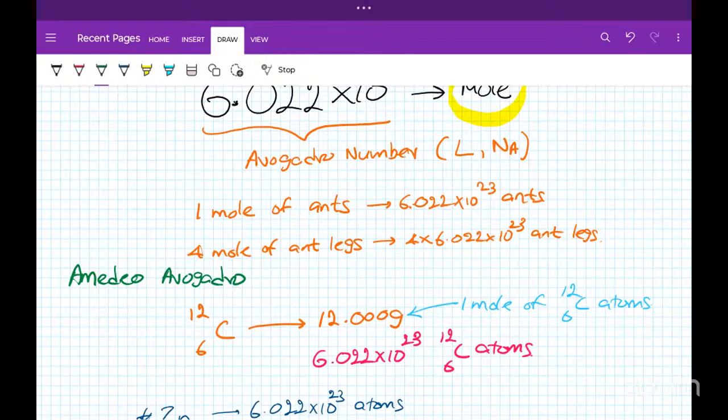Next bullet point. If you take any parameter in this number count, it is called 1 mole.